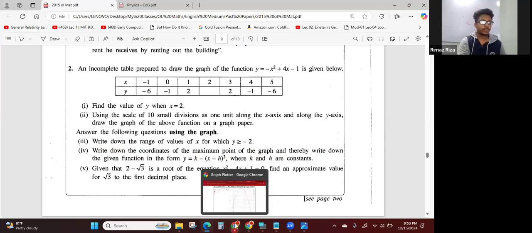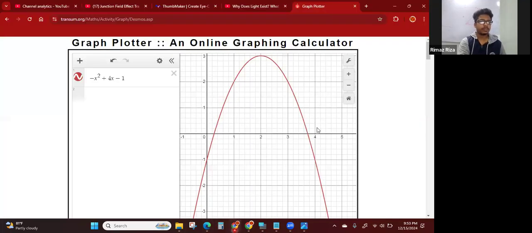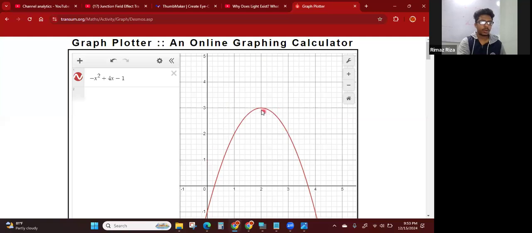So the coordinates of the maximum point will be, we can see x coordinate is 2, y coordinate is 3. If you draw the graph correctly, you will get these coordinates 2, 3. So you need not mark it in the graph. In your answer script, you can put the question number and answer.